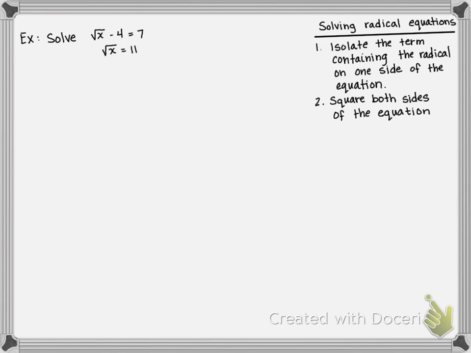And remember, that means the entire left side in parentheses squared and the entire right side in parentheses squared. You cannot square individual terms. So if you had an x plus 5 on one side, you can't do x squared plus 5 squared. You have to do the entire thing in parentheses.